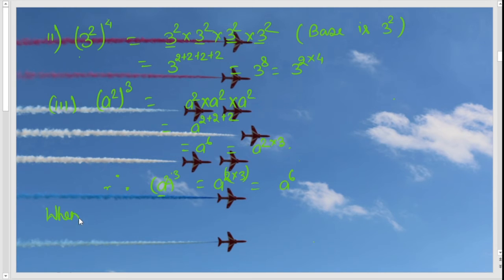When power is powered again, the exponents with same bases are multiplied. So likewise, we can solve the other questions.